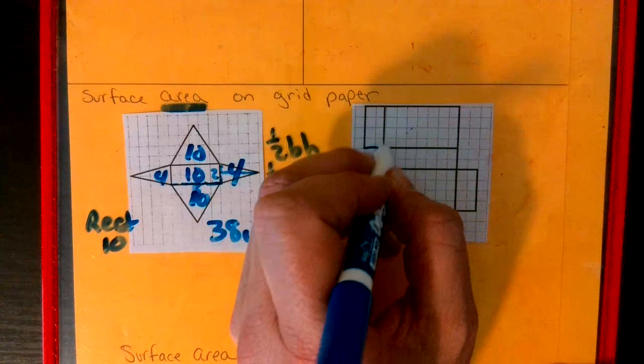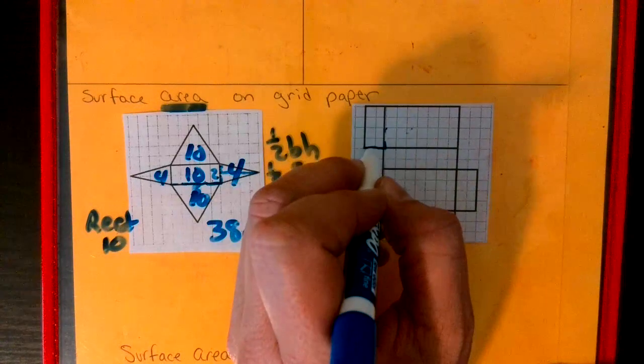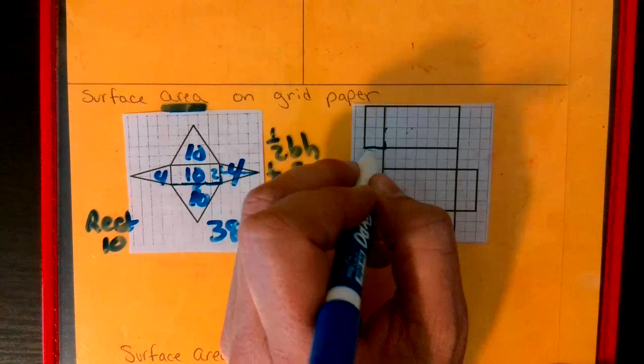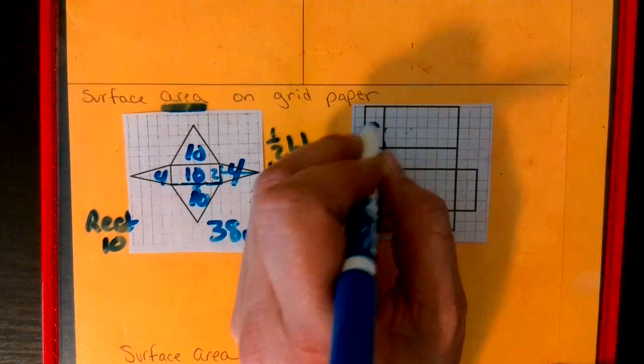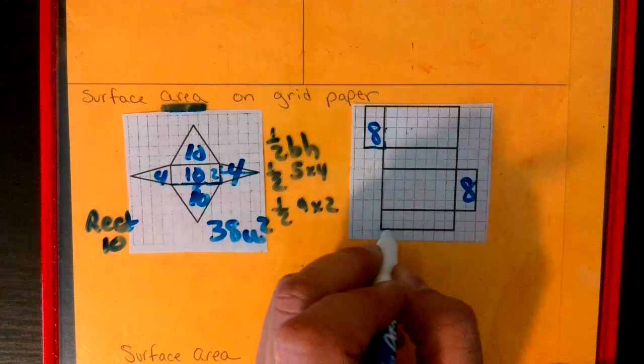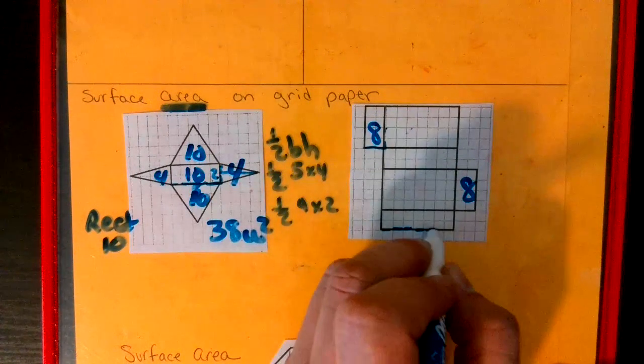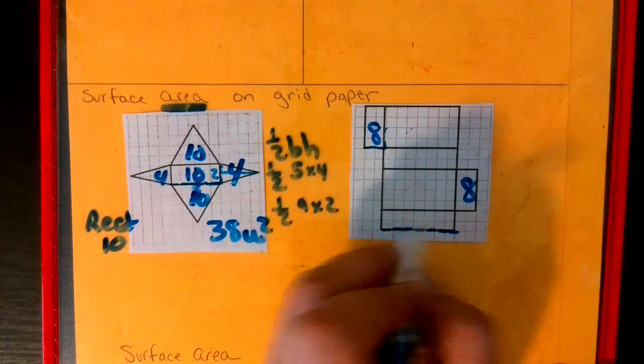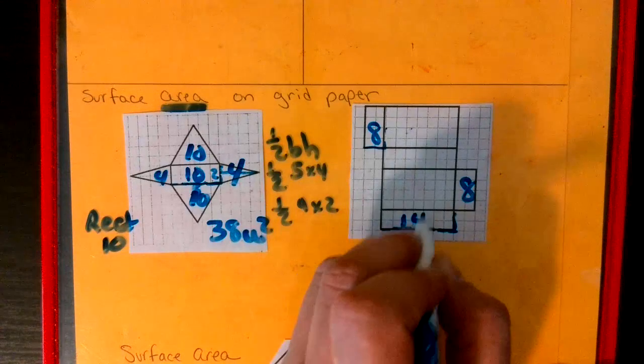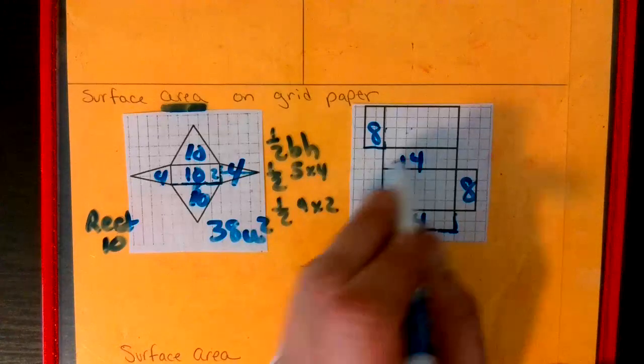This is a 2 by 1, 2, 3, 4. This is just length times width, base times height, however you want to call it. A 2 by 4, 2 times 4 is 8. Got another one there. This is 1, 2, 3, 4, 5, 6, 7 by 2. 7 times 2 is 14. This is also 14 in that part.